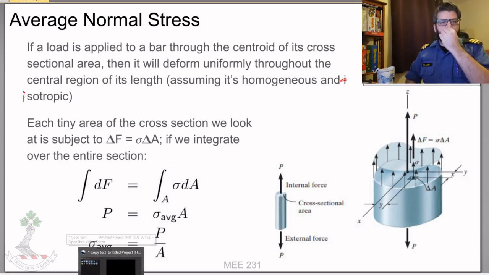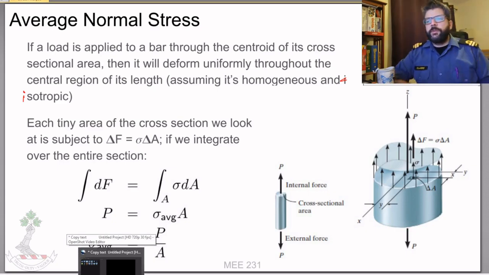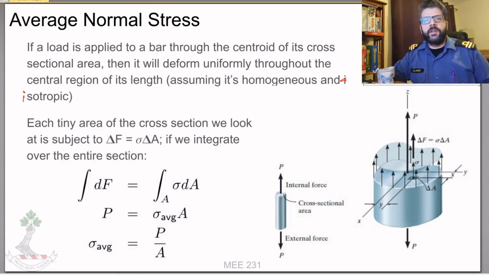Isotropic. So when we zoom in and look at this, we get these tiny little cross-section areas, and each of those is going to have a little force applied. That little bit of force is going to be equal to the stress state there times the little bit of area that we're looking at.